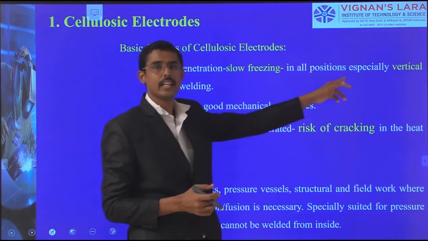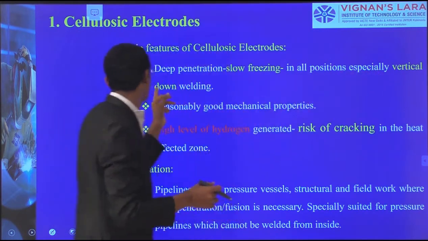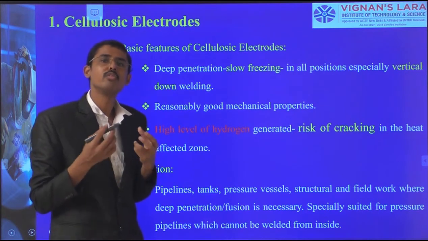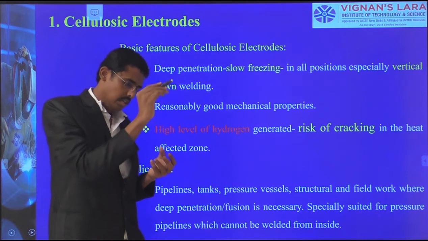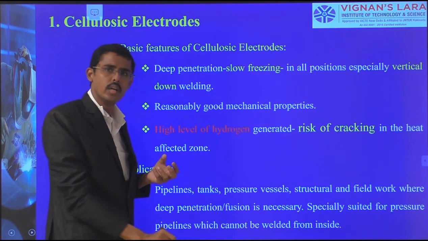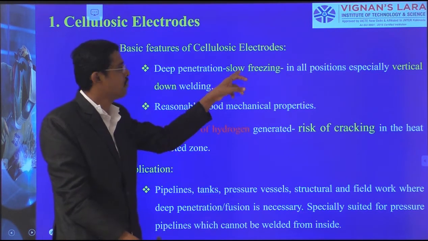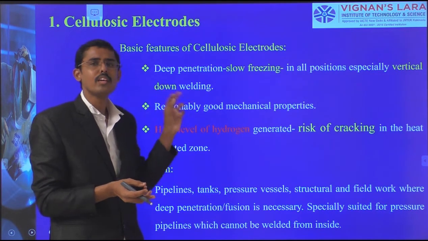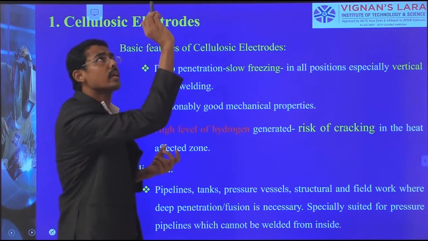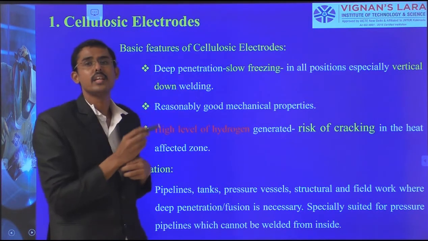So for all portion welding, especially vertical downward, it has good fluidity. Therefore, it goes to deeper penetration. It moves immediately downward, and slag is found upward. So slow cooling, but it is useful only for vertical downward, not vertical upward. What happens due to this fluidity?